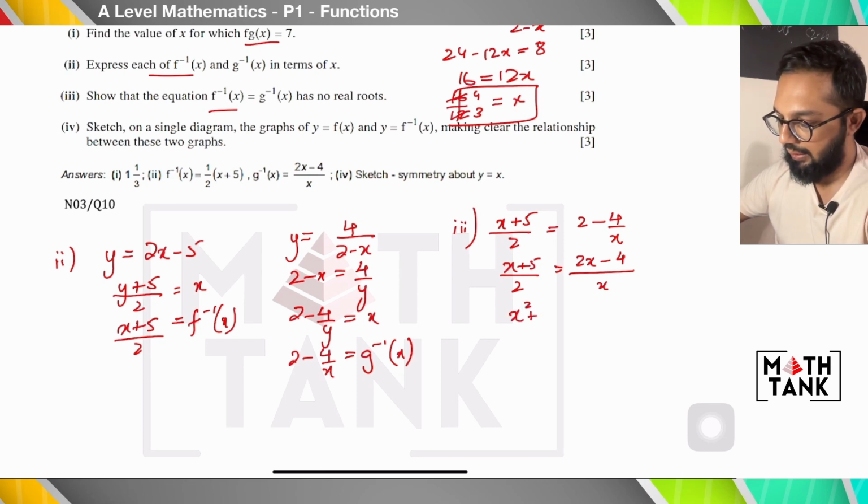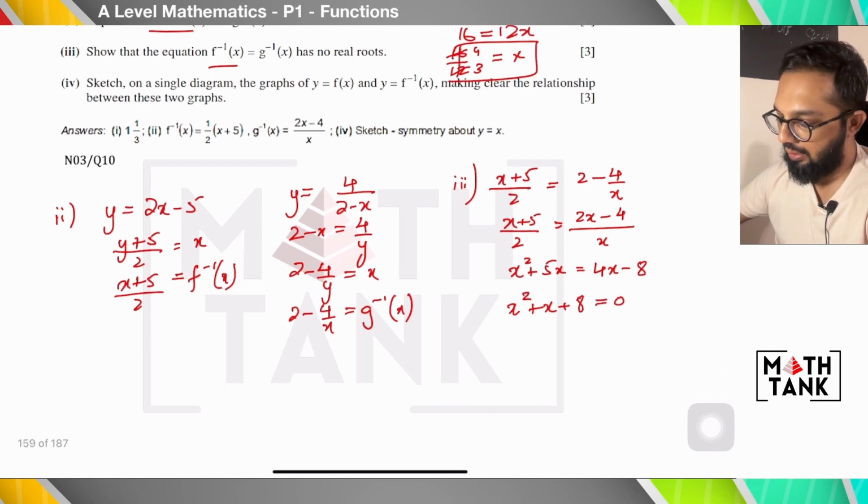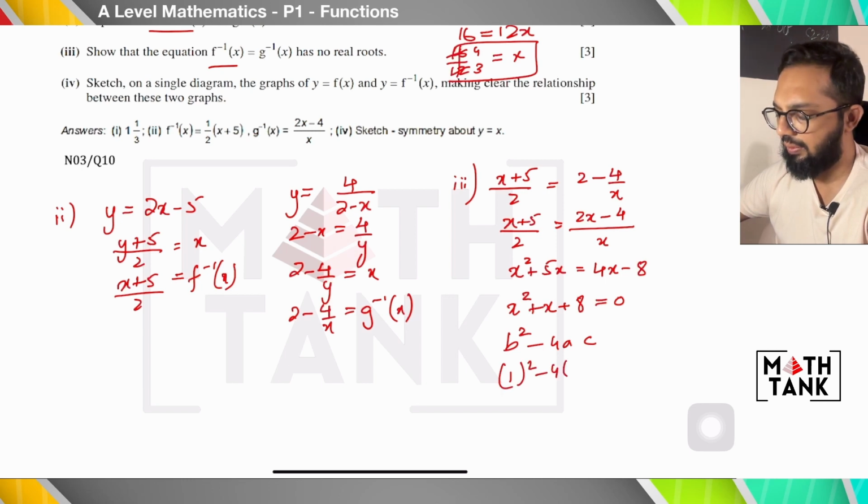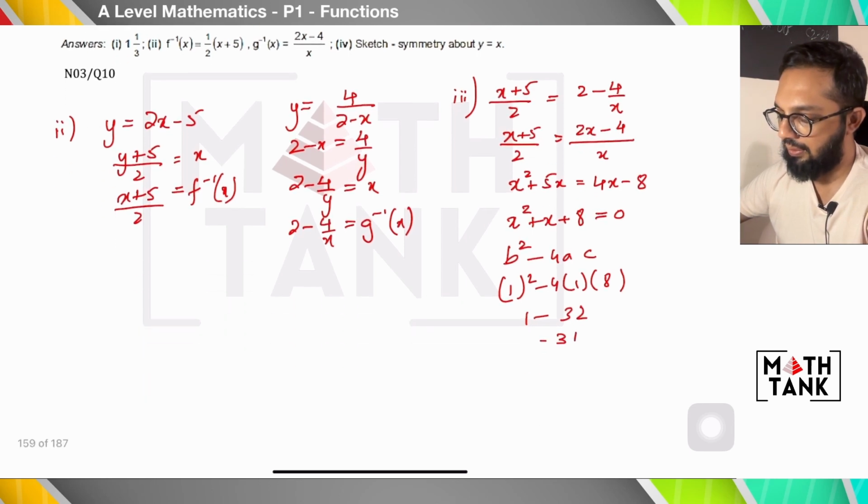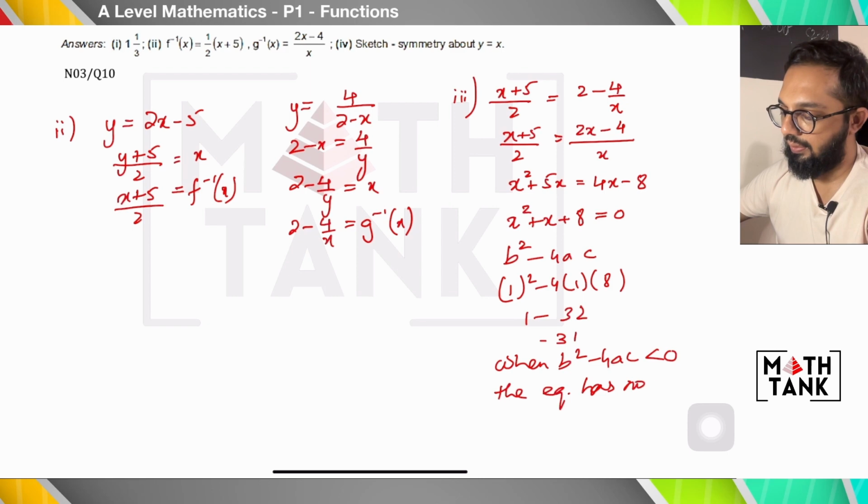Then x squared plus 5x equals 4x minus 8. x squared plus x plus 8 equals 0. I'll just do b squared minus 4ac and show you that since this is minus 31, which is less than 0, the equation has no real roots, although there are other ways of showing it as well.